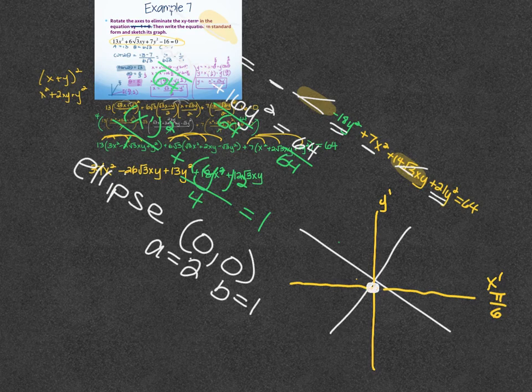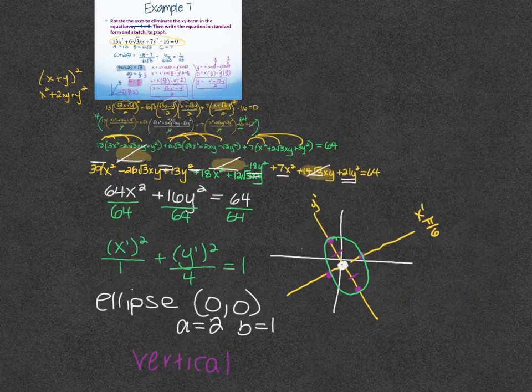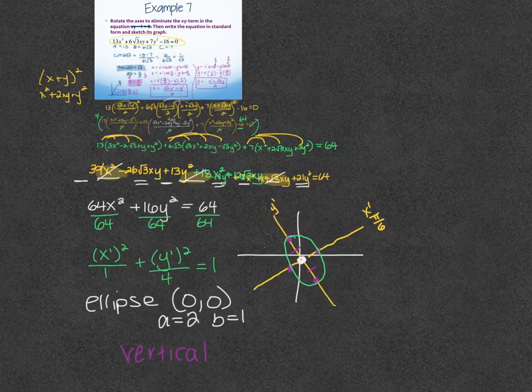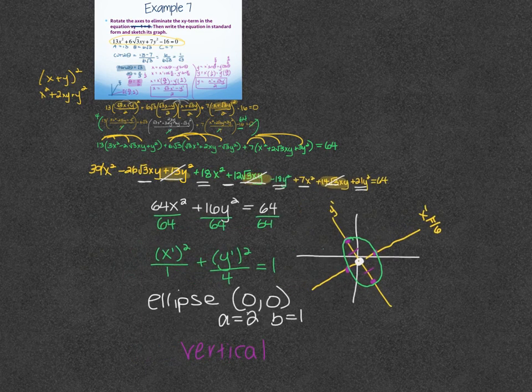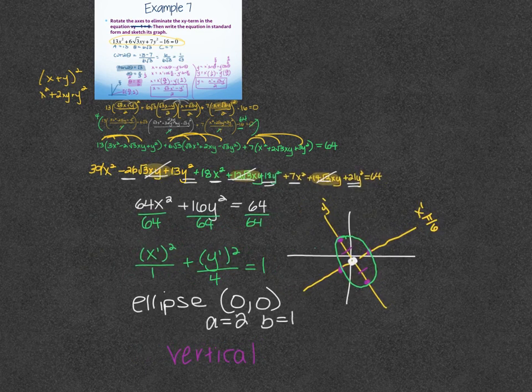This is A. The 4 is under the y, so this is vertical, which means I go up 2, oops, sorry, up 2, down 2, right 1, left 1, connect my ellipse. So in the end, my answer would look back like that.